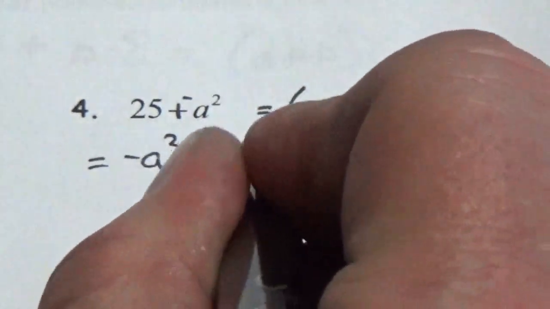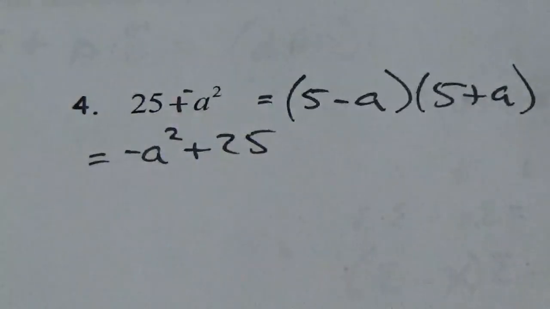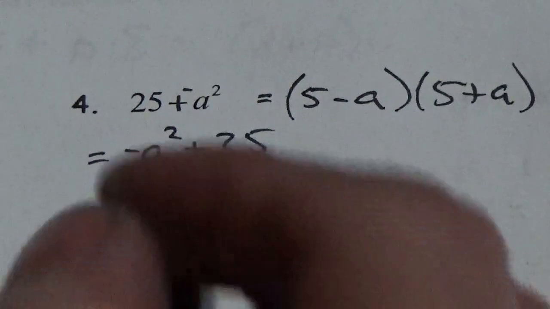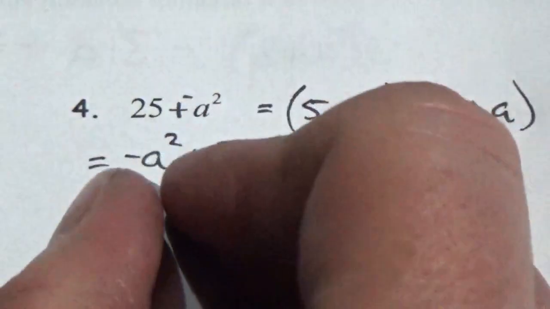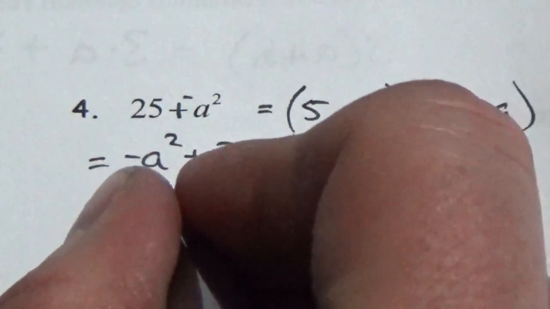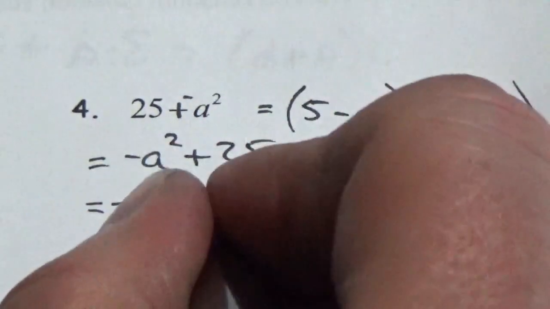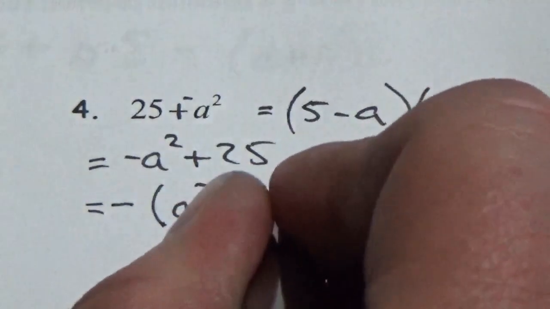But I actually don't really like the way that works here. So what I want to do, just for the time being, is I'm going to make this adding negative a squared so that I can change the order that it's written in. I think this looks prettier to have the variable first. But I also don't like having the negative out front. We talked about that with the common factoring. So I'm going to factor out the negative, and when I do, that's going to change the signs on both of those.